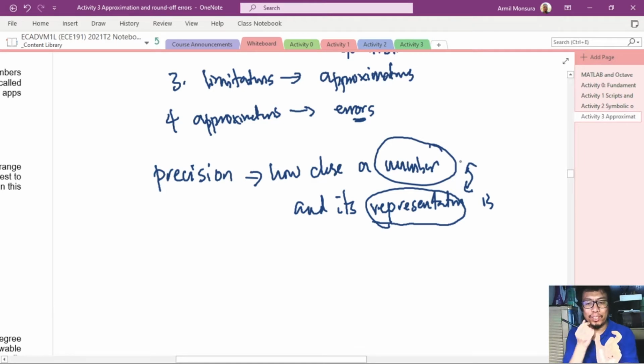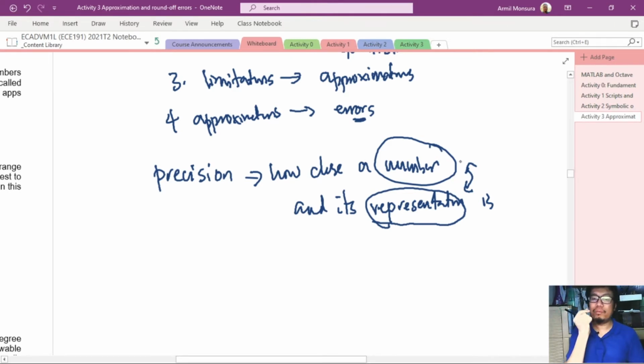But when you actually measure it using a ruler, the precision of your ruler is not really something that can measure the exact length of the object that you are trying to measure. So, what you do now is approximate.